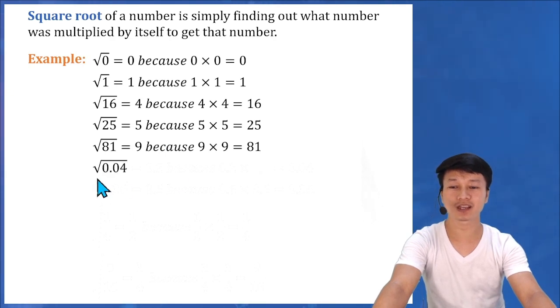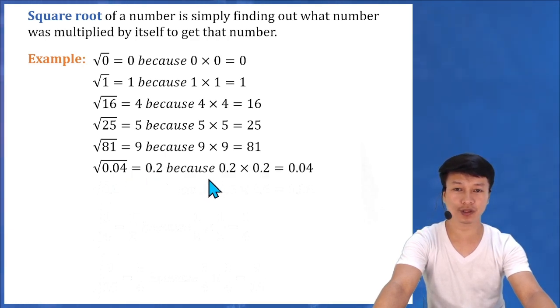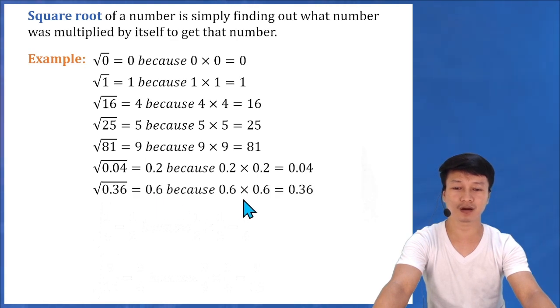And also, the square root of 0.04 is equal to 0.2 because 0.2 times 0.2 is equal to 0.04. The same is true, the square root of 0.36 is equal to 0.6 because 0.6 times 0.6 is equal to 0.36.